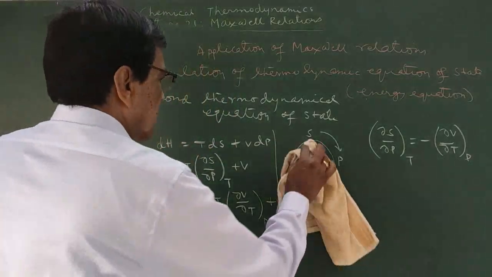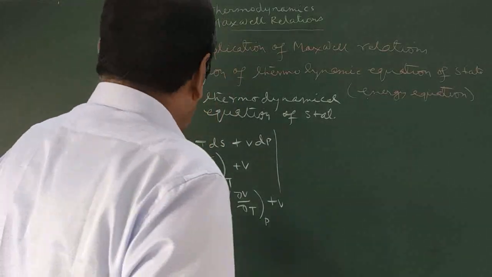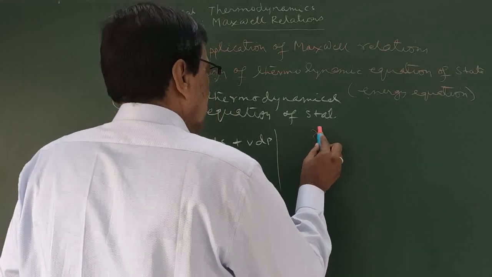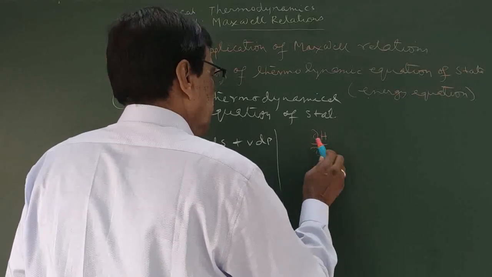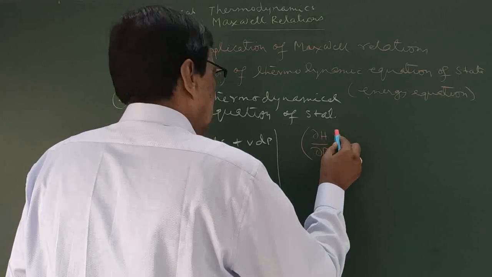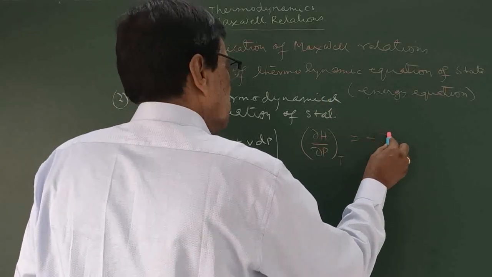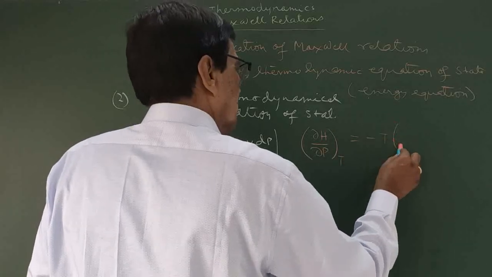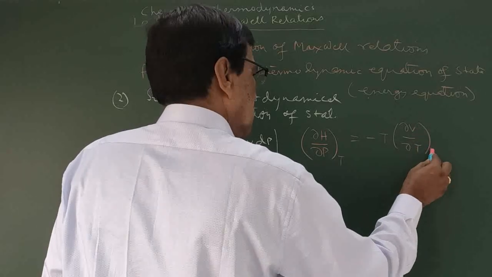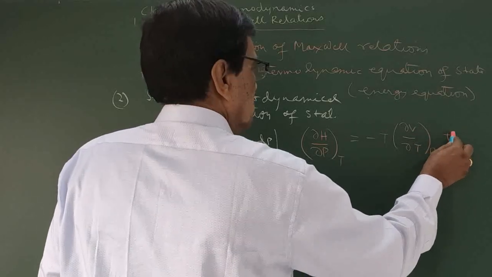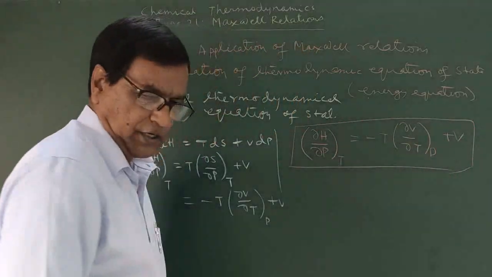So the second thermodynamic equation of state is with this enthalpy change. ∂H/∂P at constant T is equal to minus T ∂V/∂T at constant pressure plus V. This is the second thermodynamic equation of state.